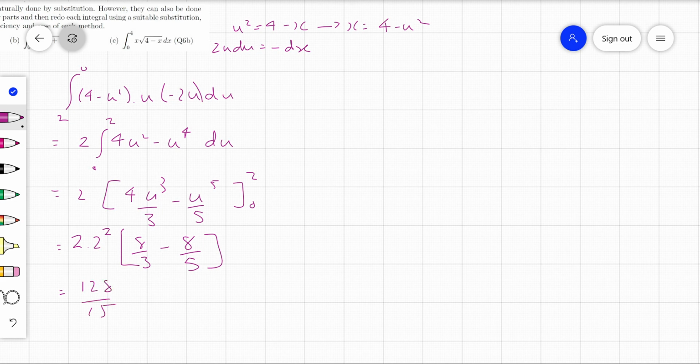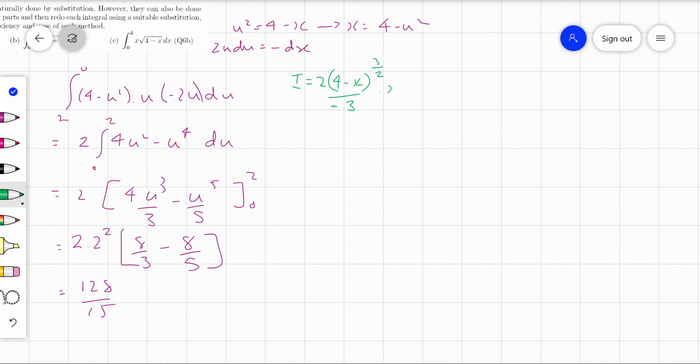All right, so let's try using by parts here. So if I were doing it by parts, again, what we're going to do is take the 4 minus x to the half. We're going to integrate that one. 4 minus x to the half. If I integrate, I'm adding 1 to the power, dividing by that power, and inside you can see I need a negative 1 as well, so I'm going to put a negative there as well.